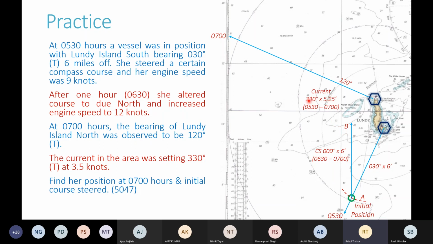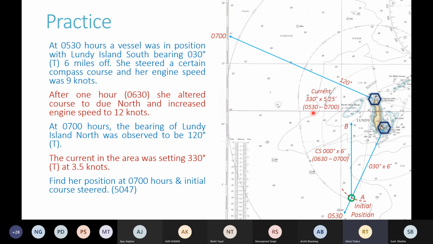The current for this entire period will set us in a direction of 330 as mentioned in the question. And with a speed of 3.5 knots in 1.5 hours time, the drift would be 5.25 miles.